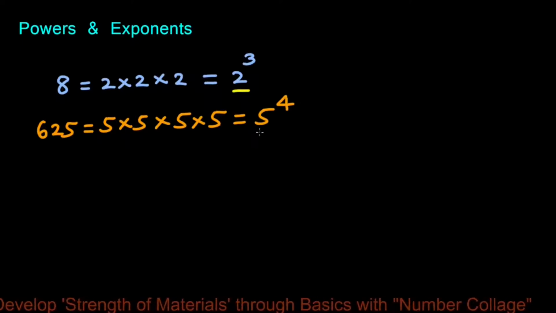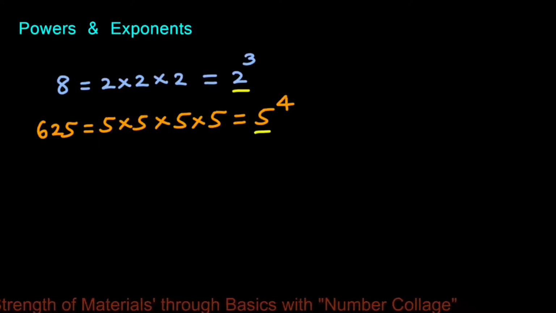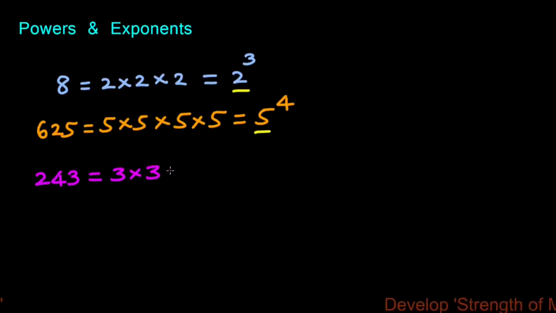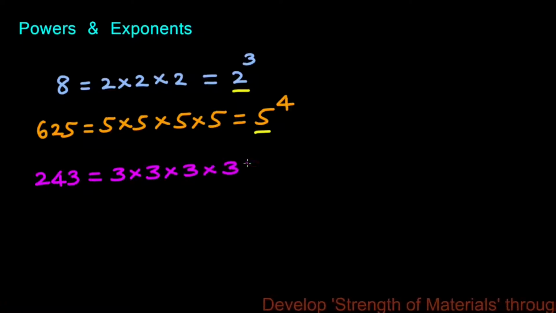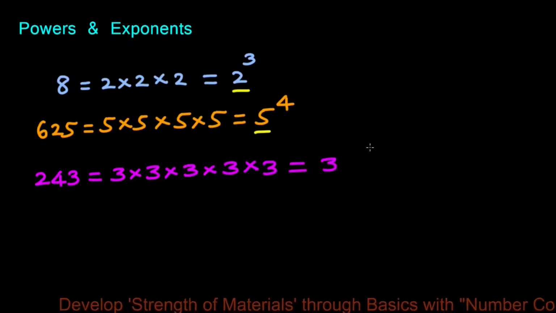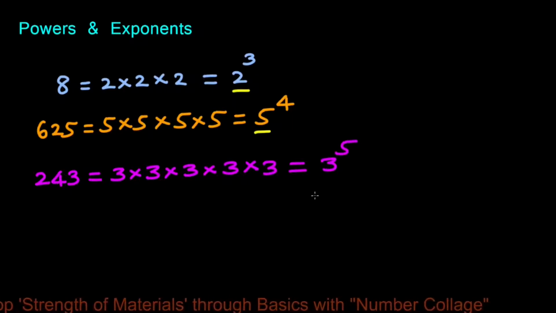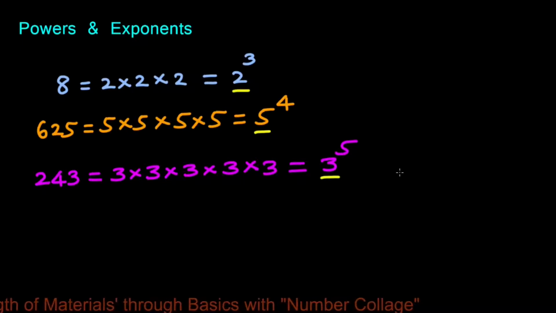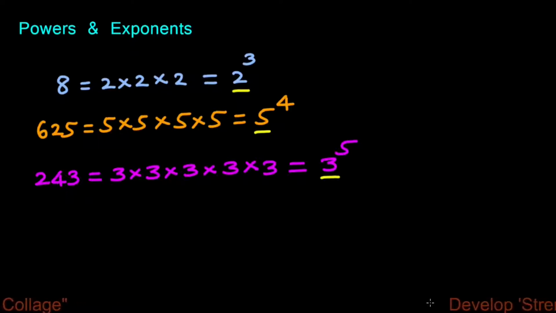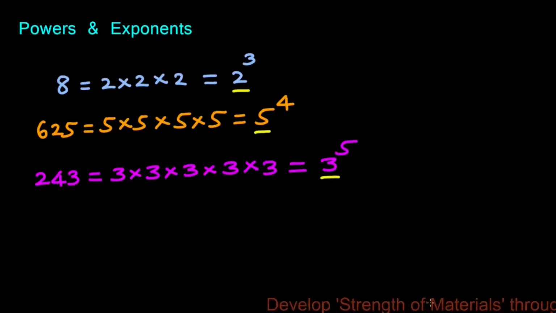We can write 243 as 3 multiplied by itself 5 times, which we write as 3 to the power 5. So we understand that we can express natural numbers in the power or exponent forms where the base of the exponent is other than 10.